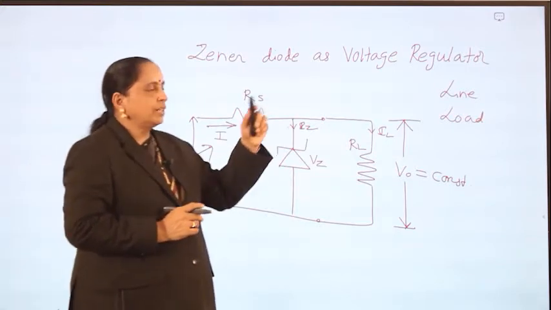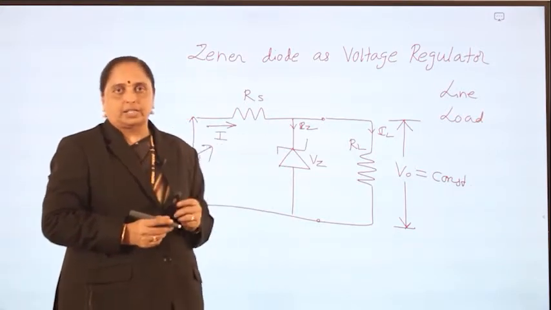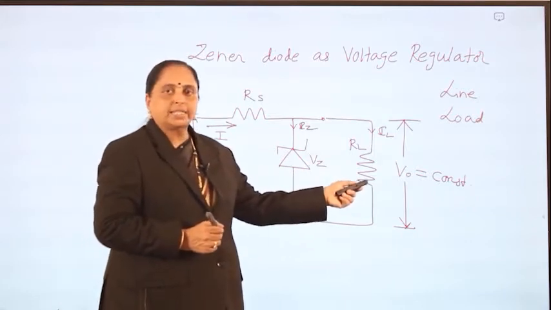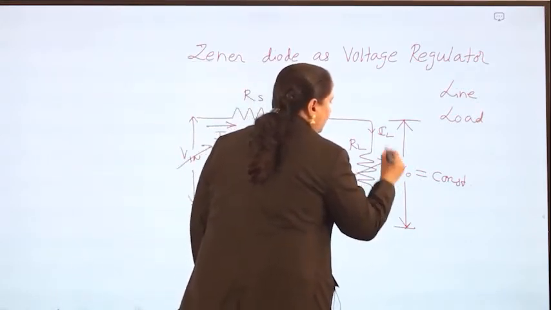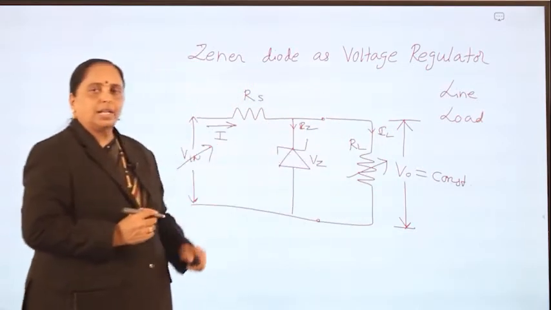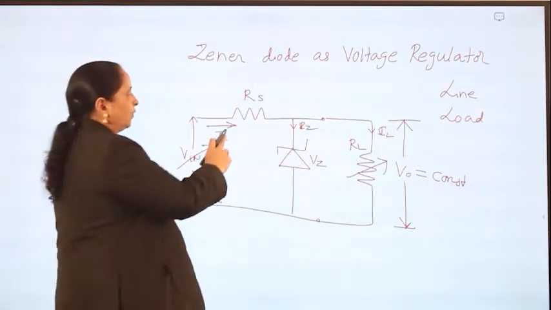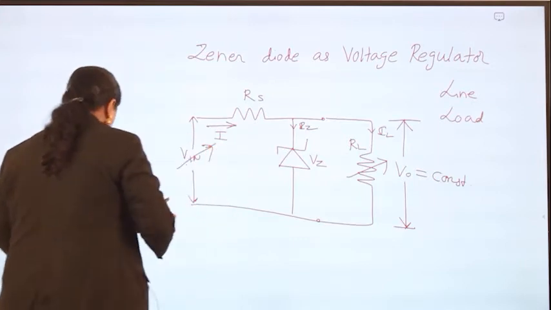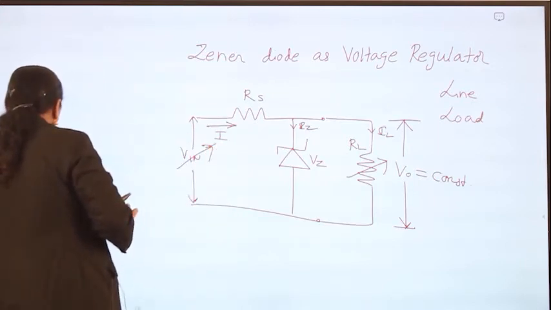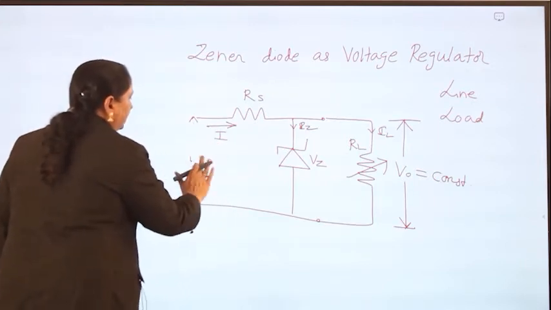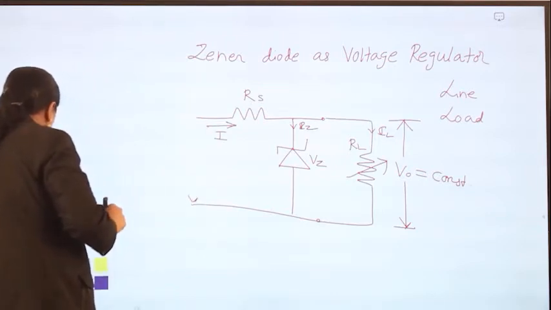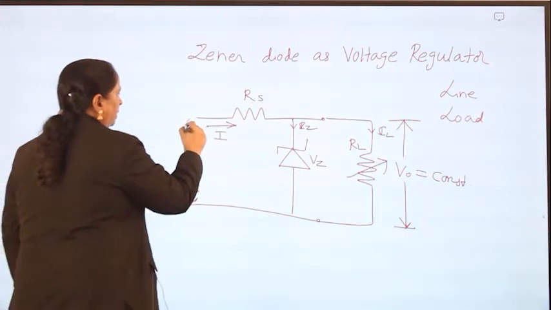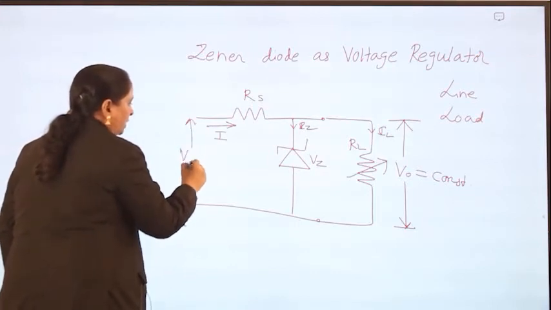Then another one is load regulation. Load means now we are changing the load values. Suppose the load resistance changes; automatically the load current will vary. Here, the input voltage is constant.